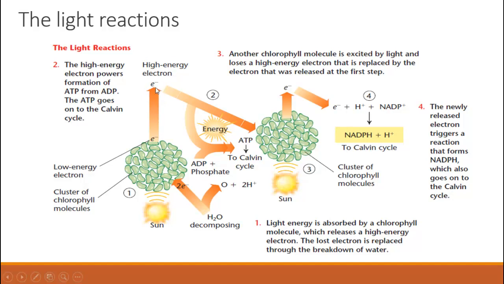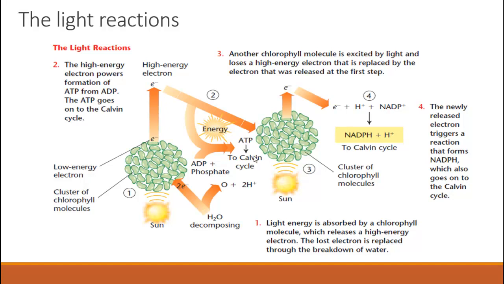That causes the ADP to bond a third phosphate to form ATP. So the ADP, when it gets the high energy electron, bonds to a third phosphate to form ATP. ADP is adenosine diphosphate, but ATP is adenosine triphosphate.